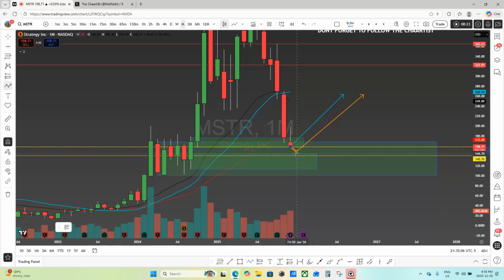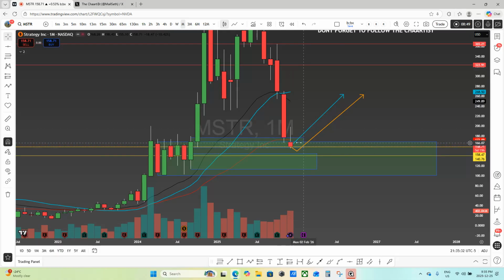There's not much difference between the orange line which I've already drawn and this. So I'm not drawing this, let me erase this, because price can hit here inside this blue box and then go up. This one is at 150, this is 143, not much difference.